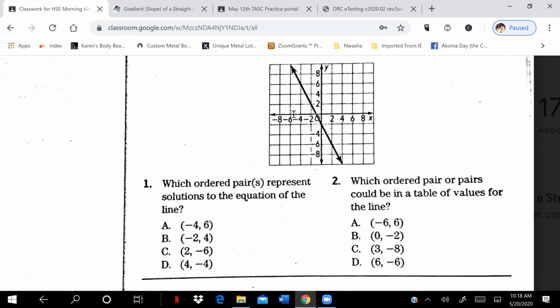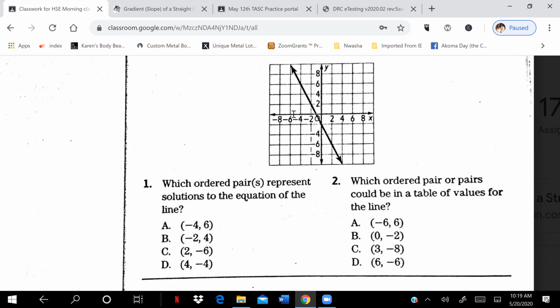No. Is 0, -2 on the line? Yes. Is 3, -8 on the line? Yes. Is 6, -6 on the line? No. So then in this one, we would have B and C as the correct answers.